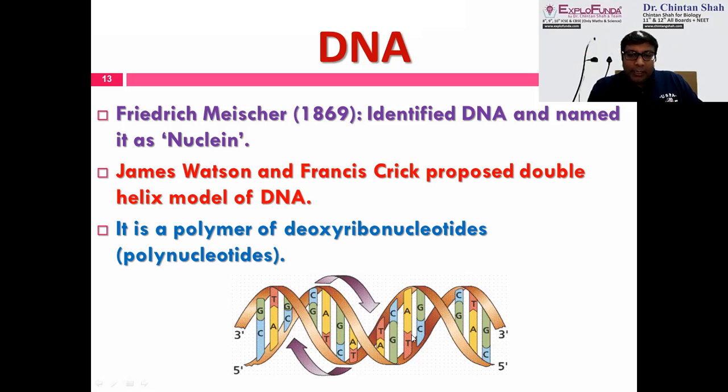One is going over here. Just look here. There are two polynucleotide chains going on. Okay. One polynucleotide chain is this one. Just look over here. Yes. Okay. So one polynucleotide chain is going in this way.